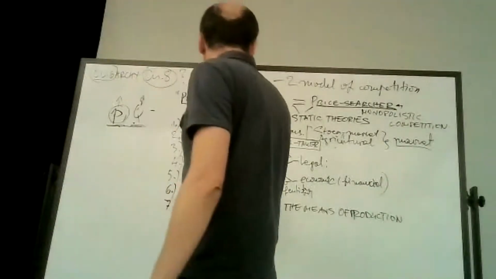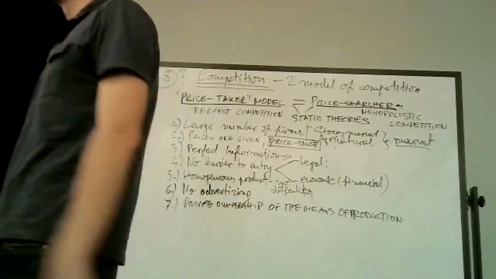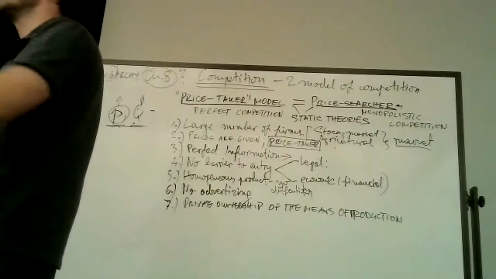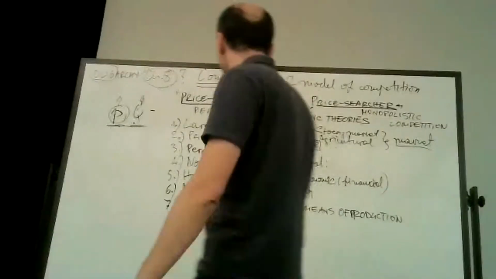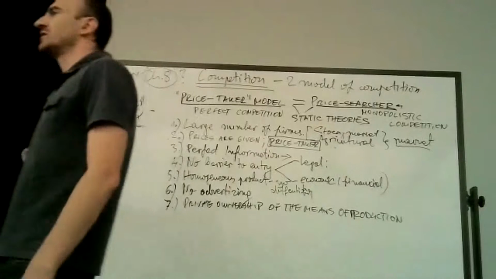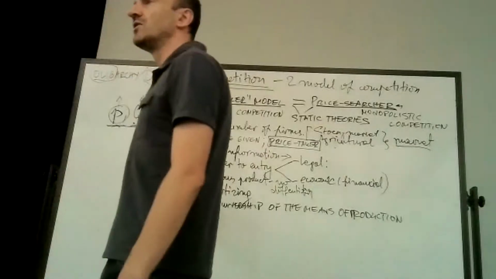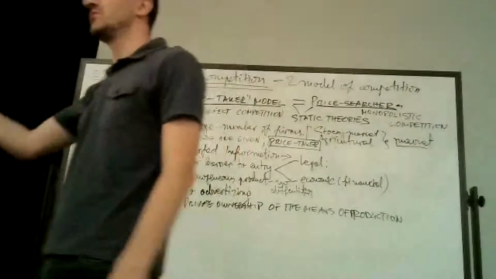Number 5 is homogeneous product, or no differentiation of products. Simply put, everybody's selling the exact same product. So here again, maybe the agricultural markets are closest to fulfilling this particular requirement. Everybody's selling wheat or corn.